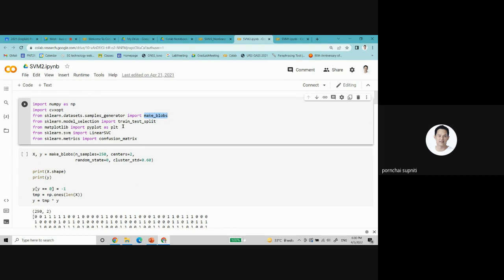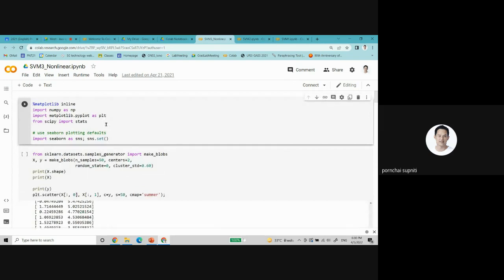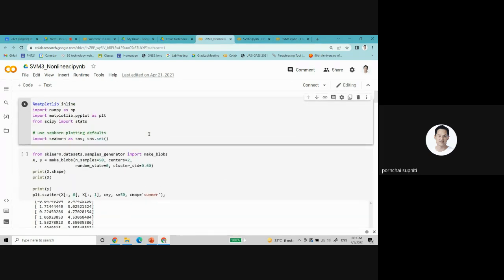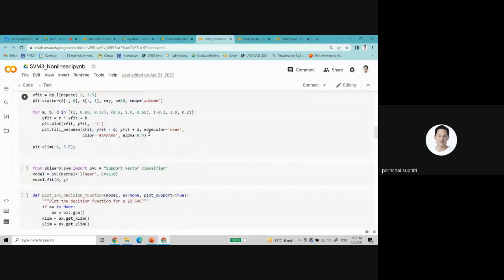This is for plot, you've seen it. And then for SVM, we will import from sklearn.svm. And in this case, we import LinearSVC. Okay. If we do the nonlinear function, we can import similarly. But let me see, it's down here. Okay.